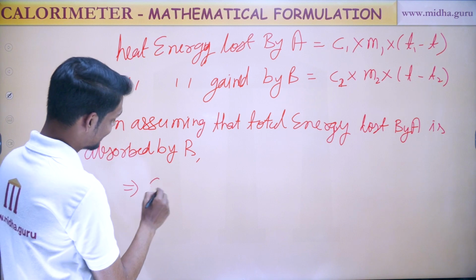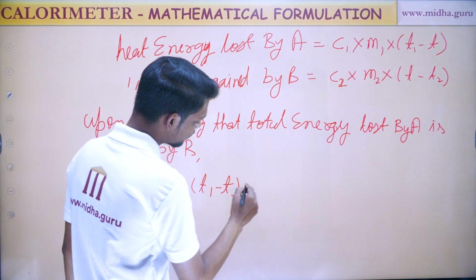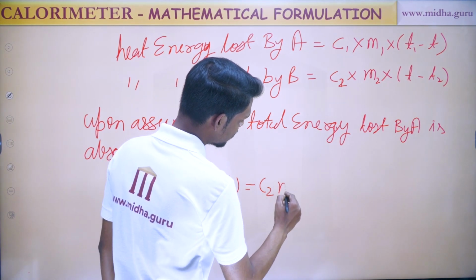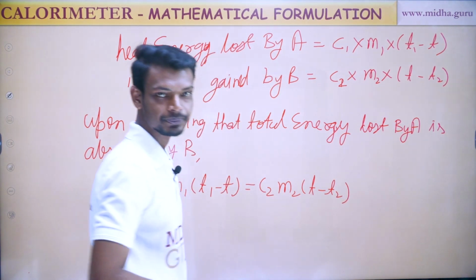I can write that C1 M1 (T1 minus T) equals C2 M2 (T minus T2).